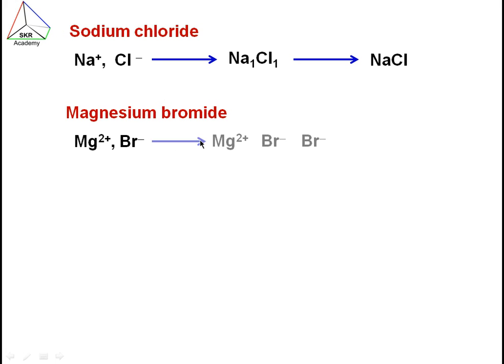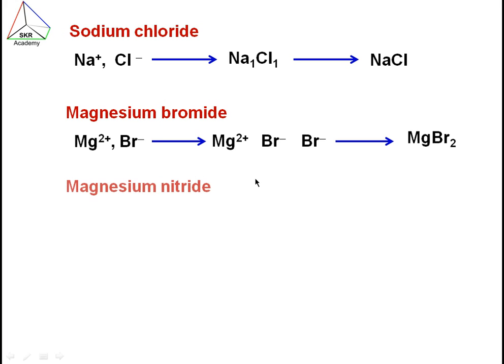To balance the 2 positive charges of 1 magnesium ion, we need 2 bromide ions. Then we can cancel these charges, and when we summarize 1 magnesium and 2 bromide, we write MgBr2. So MgBr2 is the ionic formula for magnesium bromide.